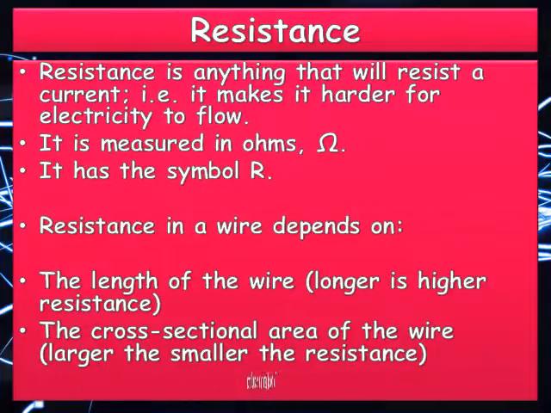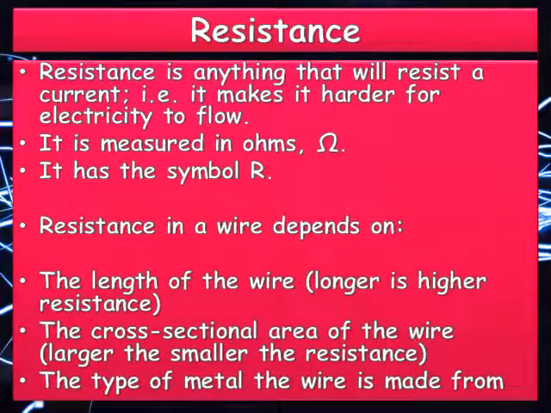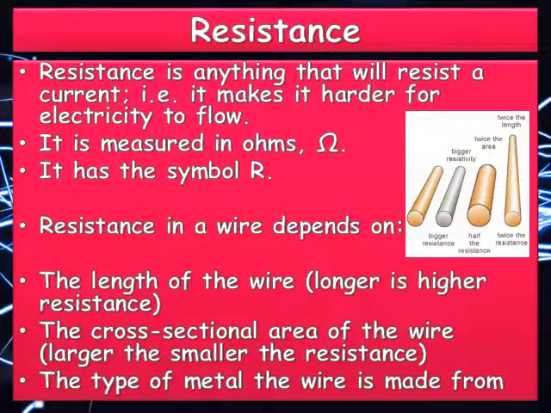And finally, the type of metal the wire is made of. So, for example, copper wires have less resistance than iron wires. And there's a diagram illustrating that point there. The bigger the resistance, bigger the resistivity. So twice the area, half the resistance, and twice the length is twice the resistance.